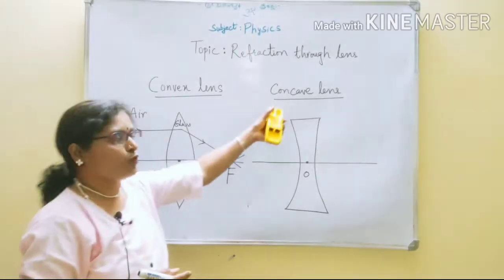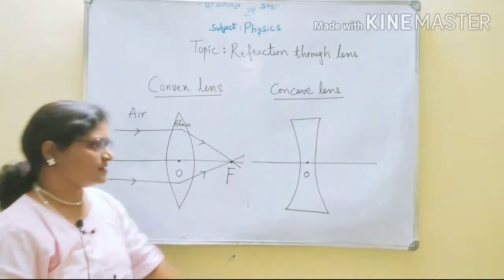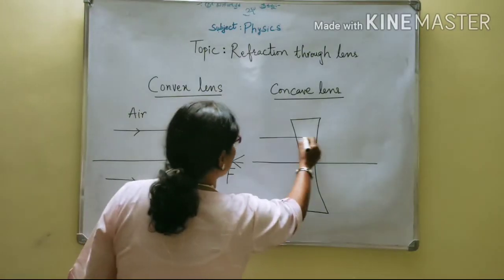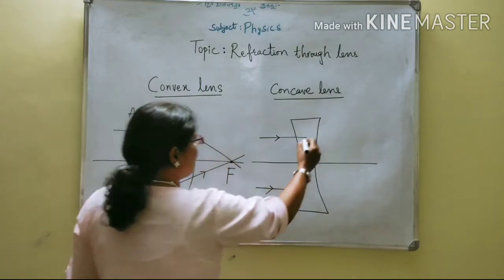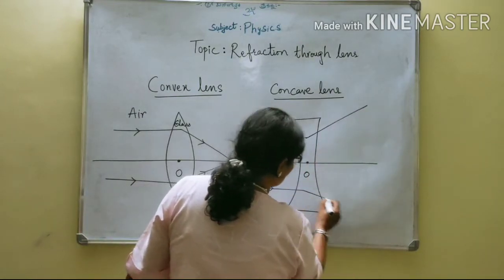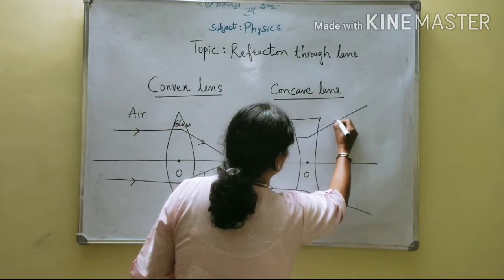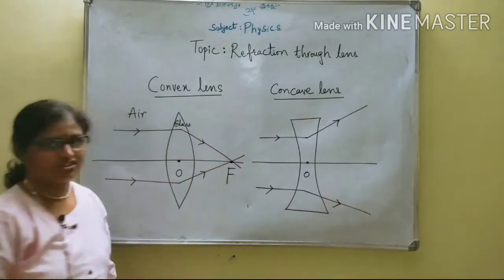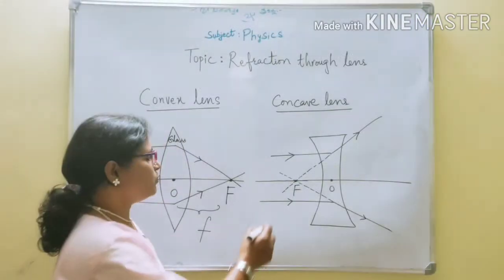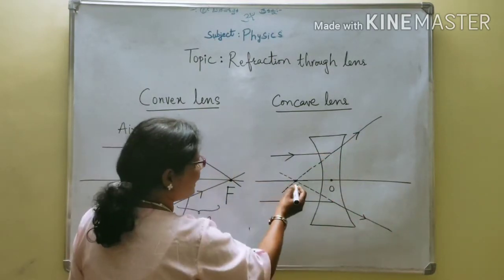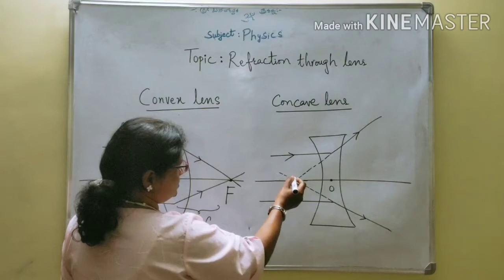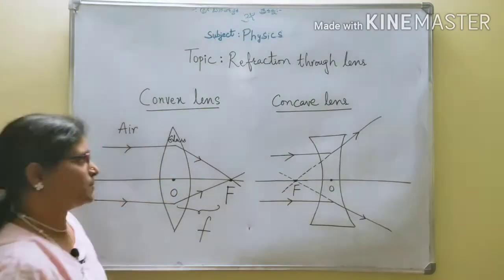Similarly, let us see what happens in the case of a concave lens. When the incident rays strike the concave lens, the rays get diverged away from each other. This is how the refracted rays diverge away from each other. So here we can see the rays diverge away from each other and when extended behind, they appear to meet at a point which is called the focus.